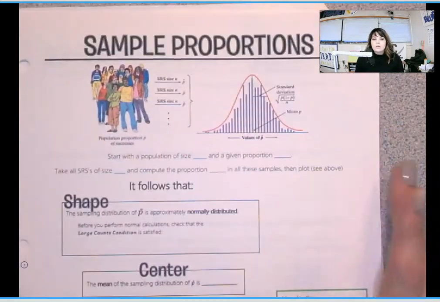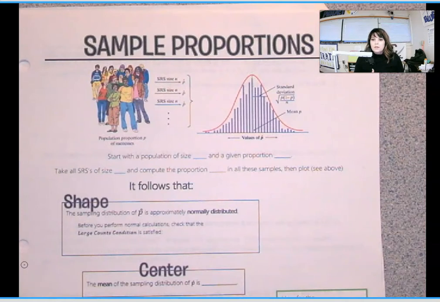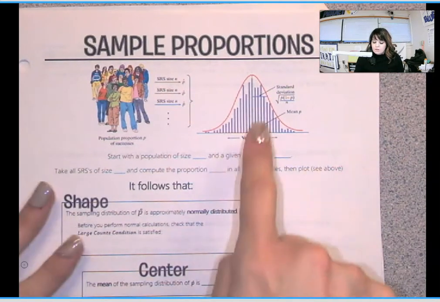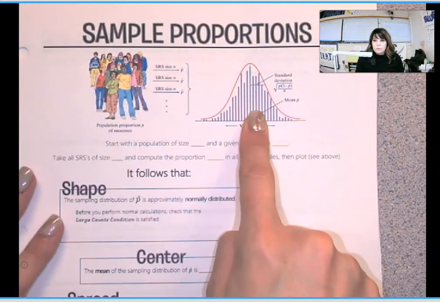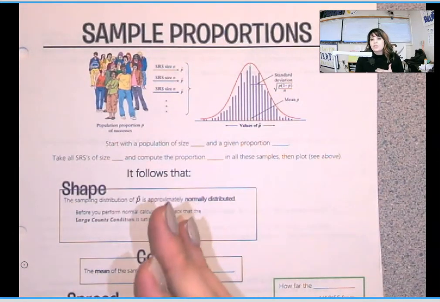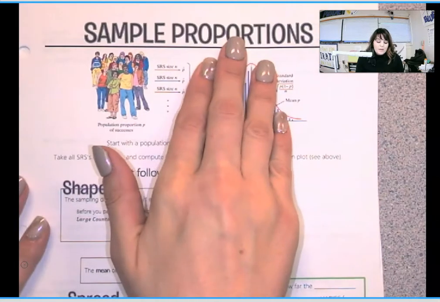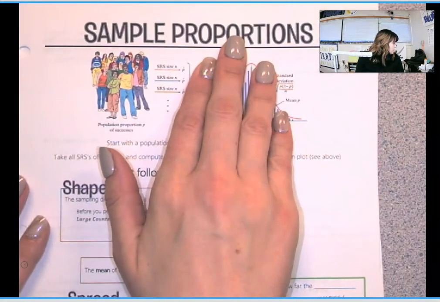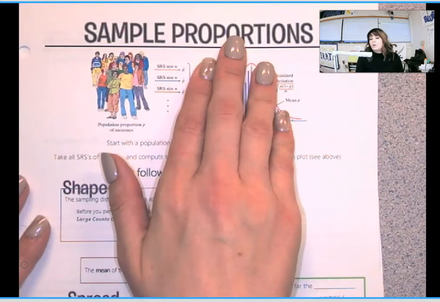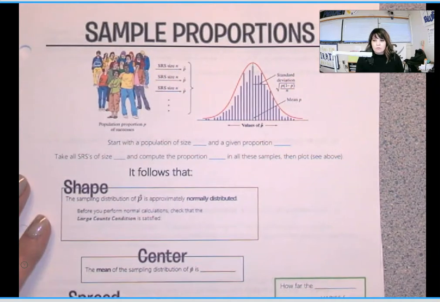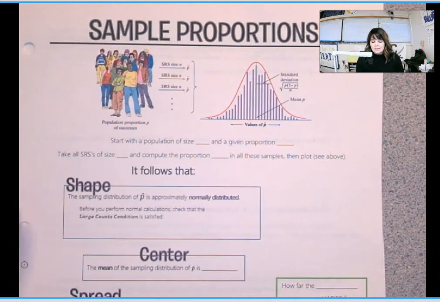We are starting with sample proportions because the requirements or the conditions for getting a normal distribution are different for the two parameters. So we have a whole page on sample proportions, and then coming up we will have a different page for sample means.